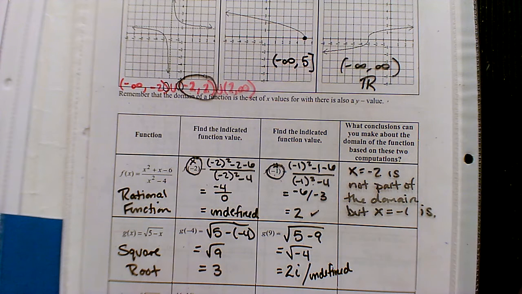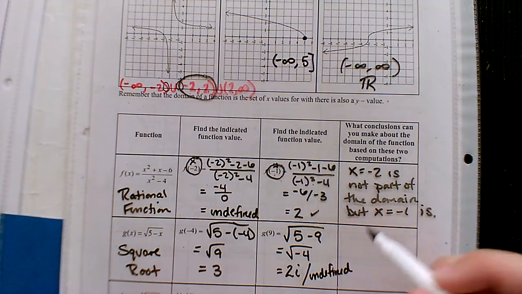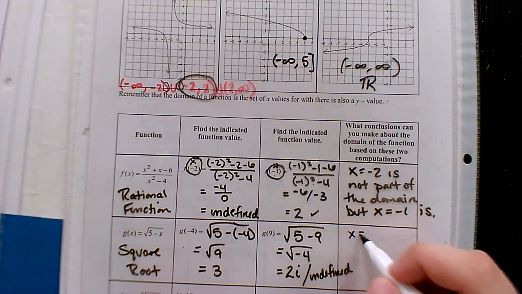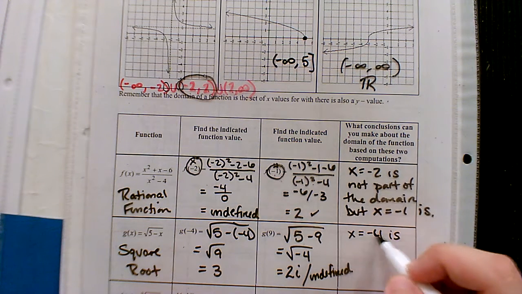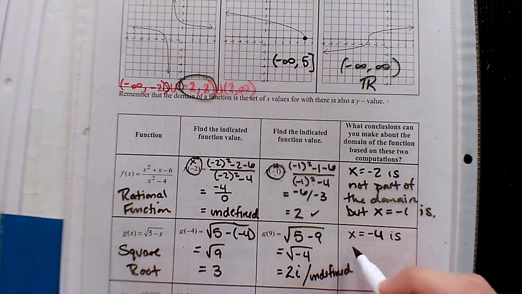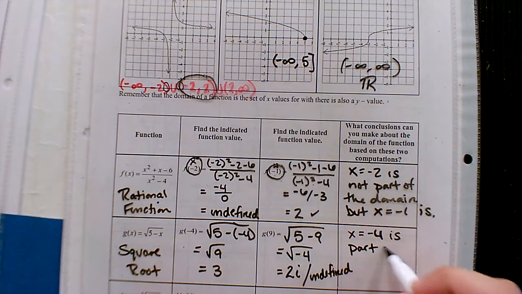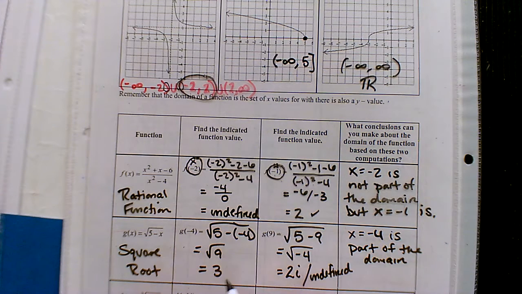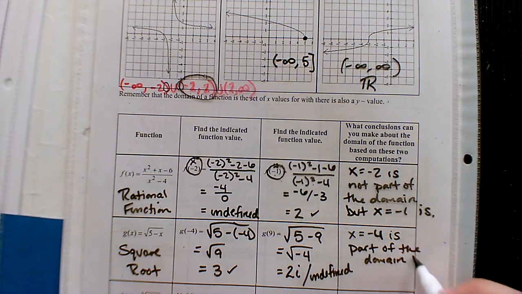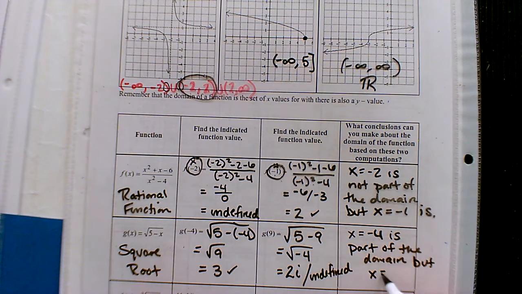Let's see, what conclusion can we make? Good, Hannah. x equals -4 is part of the domain, and x equals 9 isn't. x equals -4 is part of the domain because notice how we got a y value out, but x equals 9 is not.